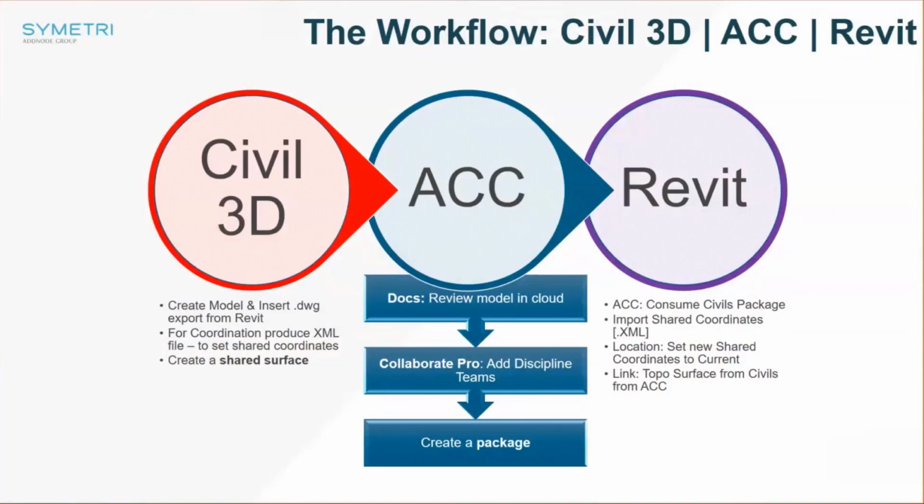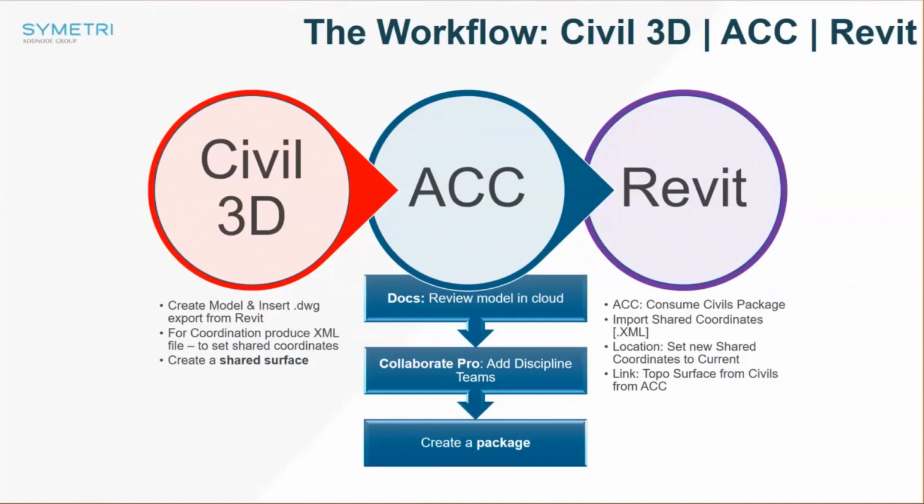From there then, for coordination purposes, the Civil 3D model needed to be extracted within an XML file. So we had a coordination XML file that was produced in order for us to be able to see the set of shared coordinates within Revit. So in order for us to have the model in exactly the same location as where we'd expect it to be within the different disciplines within the different software.